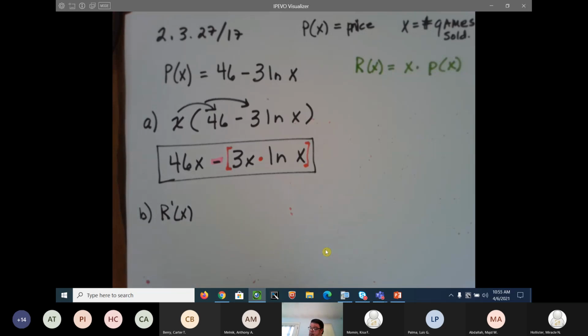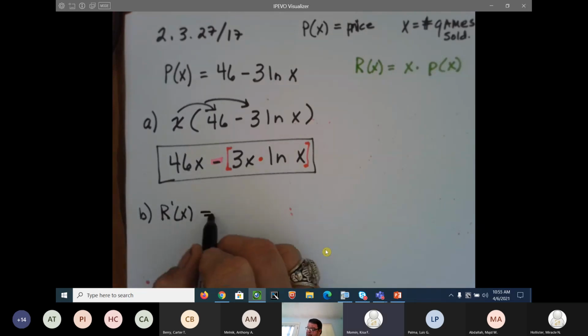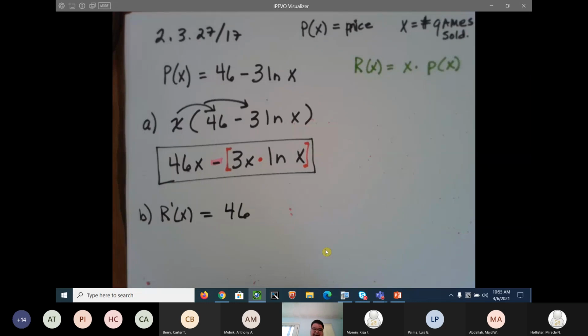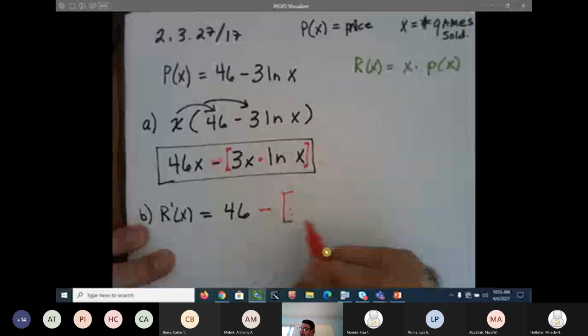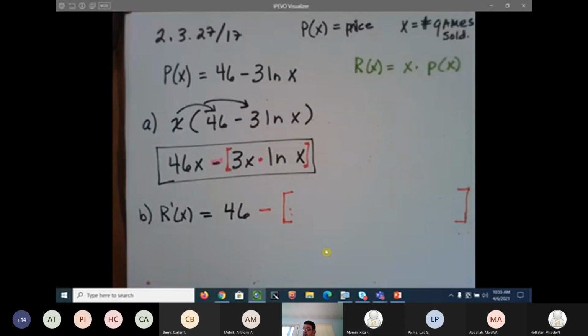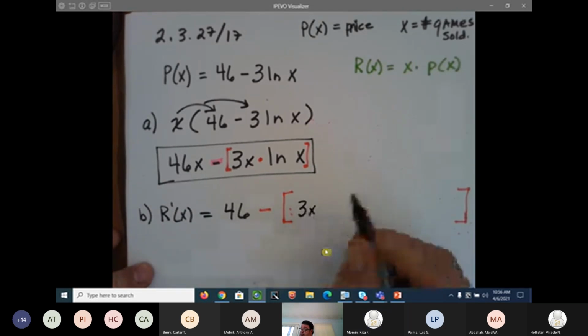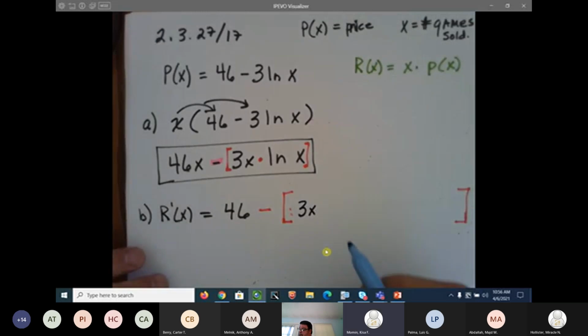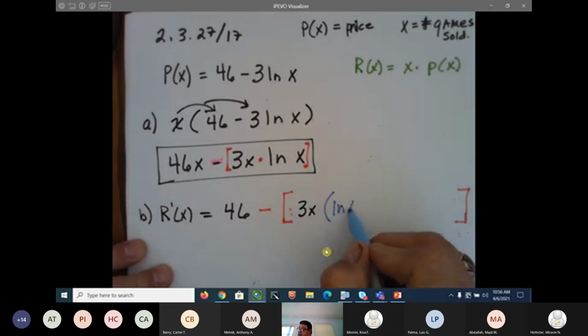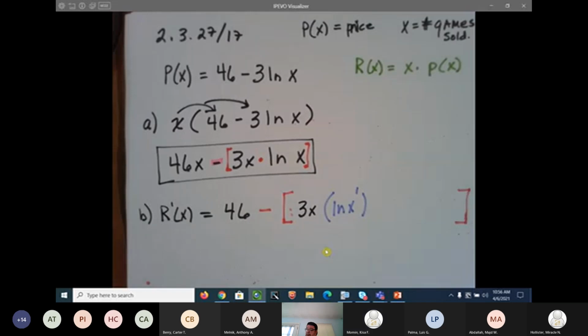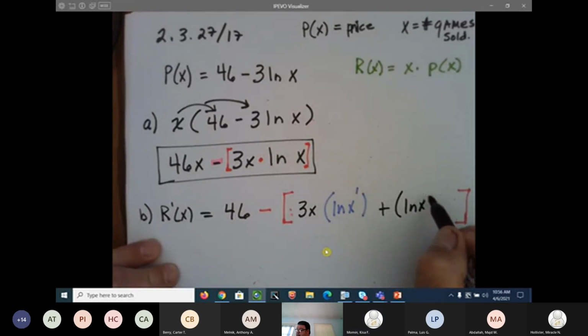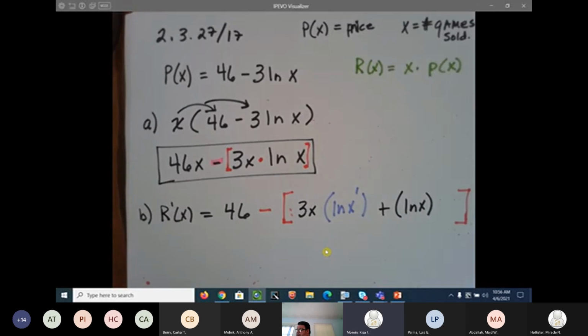All right. So 46 minus, the first times the derivative of the second, plus the second times the derivative of the first.